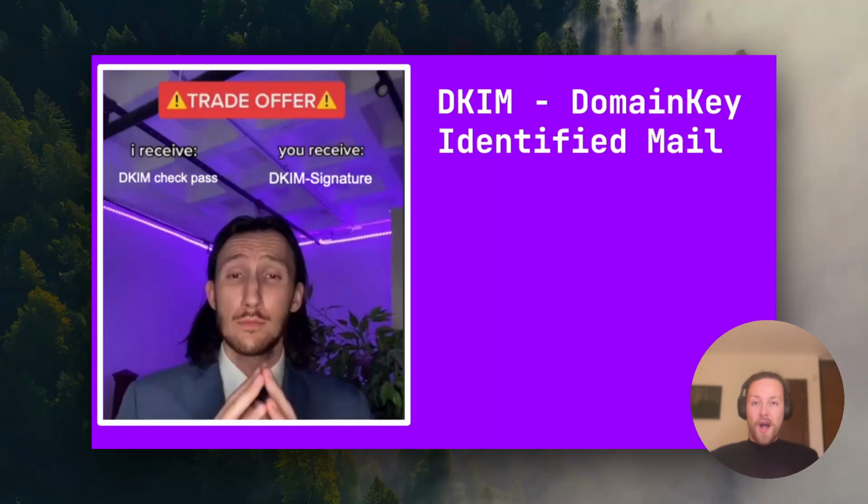This hash will be combined with your private key in a specific operation to produce a signature. And this means that your email is mathematically proven to come from you because you're the only person with that private key. It will then add this to the email as a header called a DKIM signature, which also says how and what was hashed so the recipient can copy the operation later.